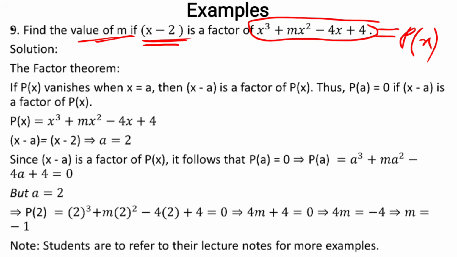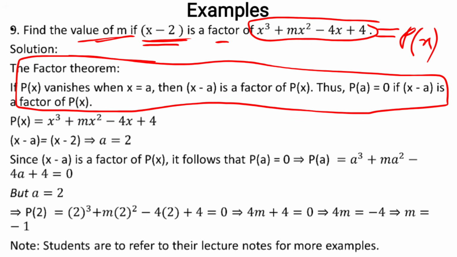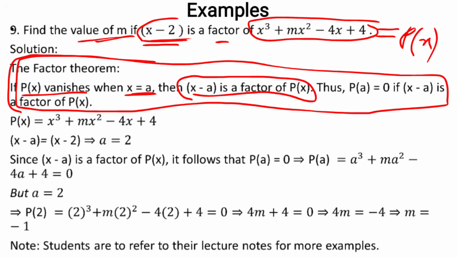So we're going to be using the factor theorem. That's why I've copied and pasted the factor theorem here so that you can remember what it says. It says that whenever something is a factor, it means the polynomial vanishes at the point x equal to a. In our case here, this is a factor, and this is our polynomial. And we're told to find m. But if we can just get this thing to go to 0, we can solve it, right? So that's what we're going to start with.